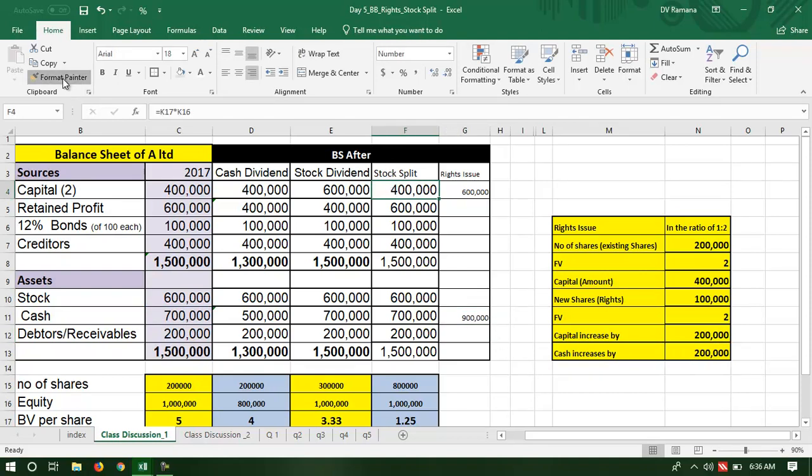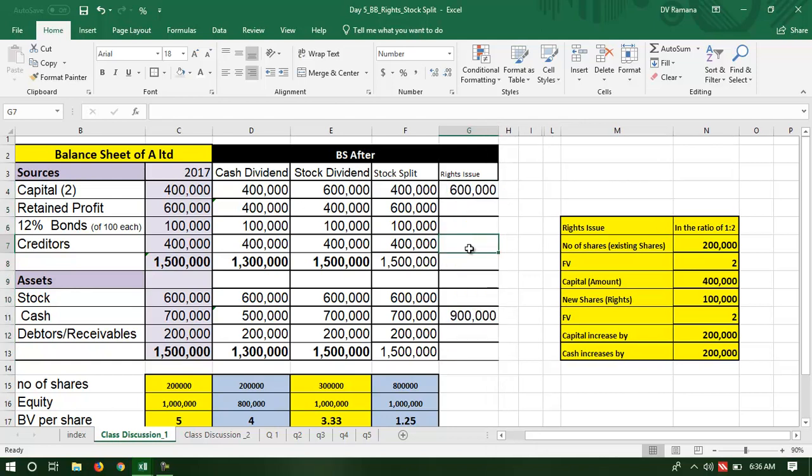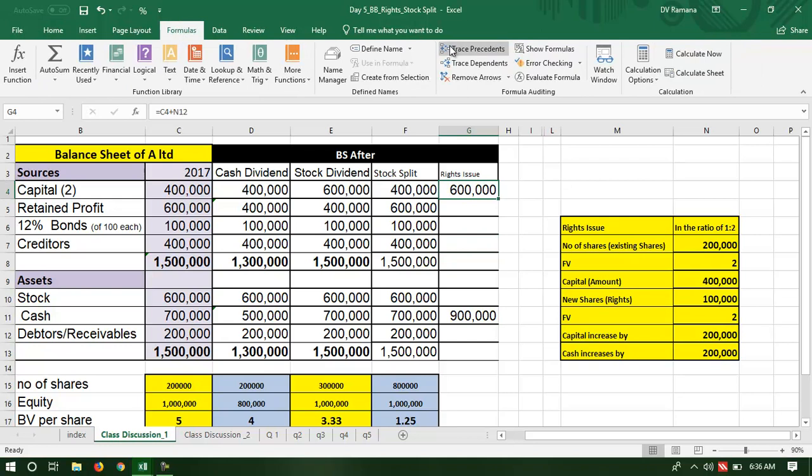Why is the capital increasing? Capital is increasing because of the fresh issue of shares. And this fresh issue of shares has been made to the existing shareholders in the form of rights issue. And the rights issue is the issue to the existing shareholders.